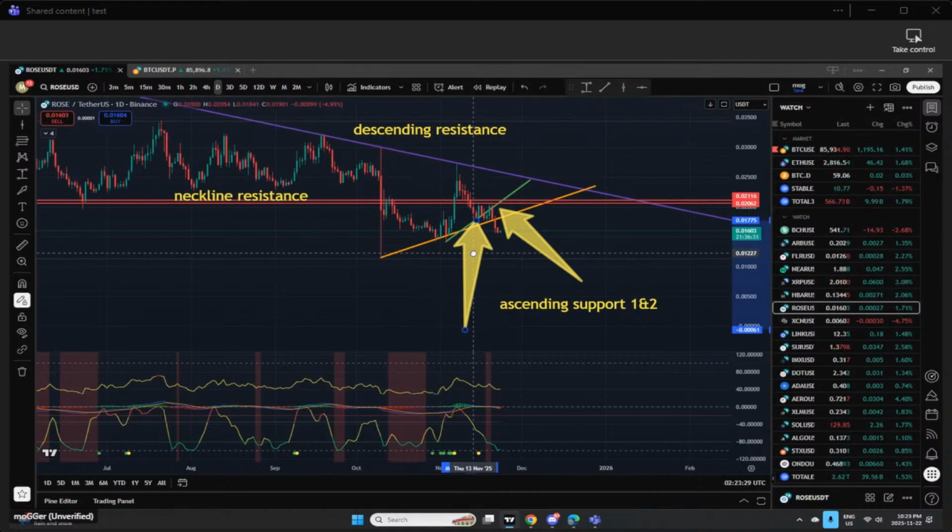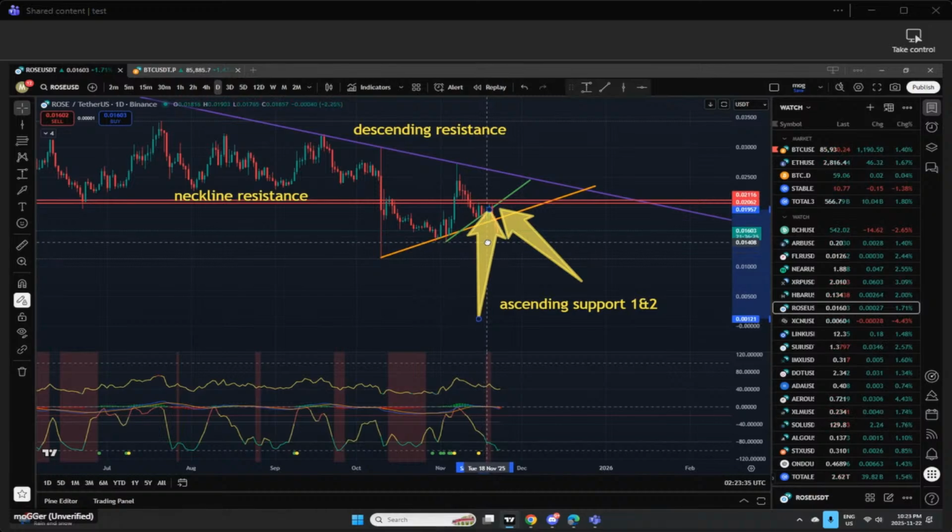Even this one here broke down. It broke down here, tried to retest, rejected. Kind of a fake out here. You got bearish candles, right? Engulfing candle. Broke down under here. It didn't even have enough buying volume to come retest that.